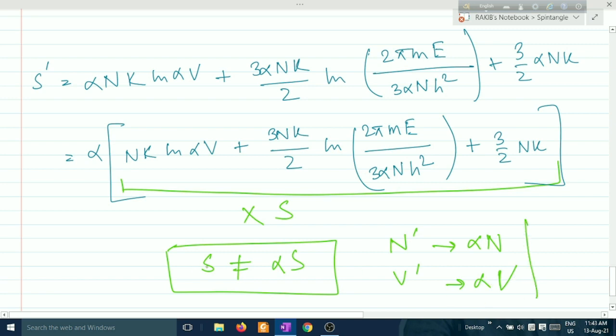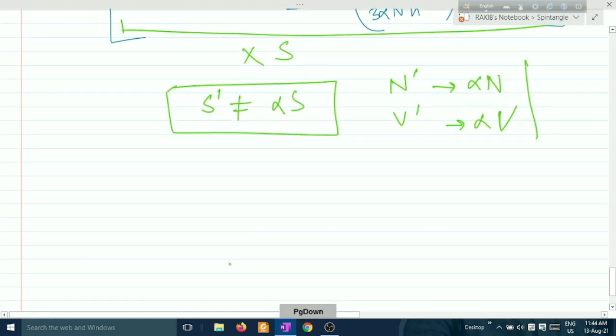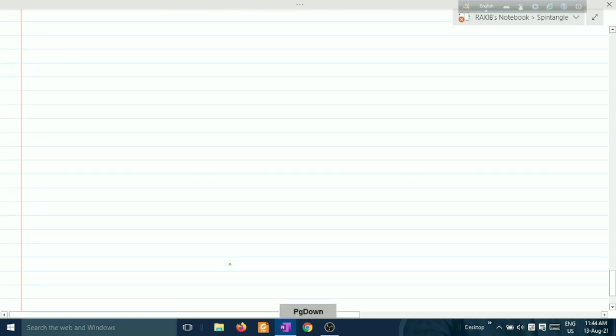Therefore, being an intrinsic or intensive variable, whatever it is, a size dependent variable, entropy has to increase by a factor of alpha, but it does not. This violates the systematic law of intensive variables. Okay, this is where the problem of Gibbs occurred. Therefore, let's start the Gibbs method.